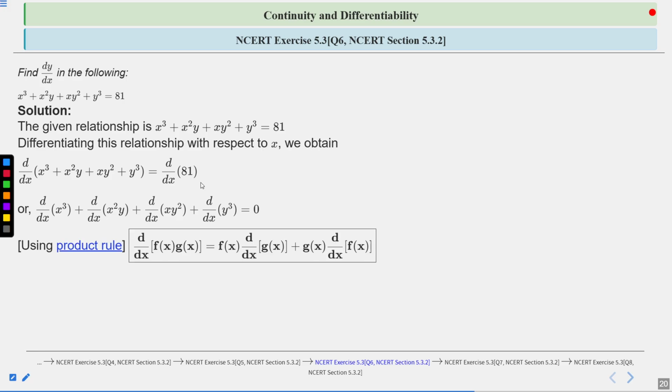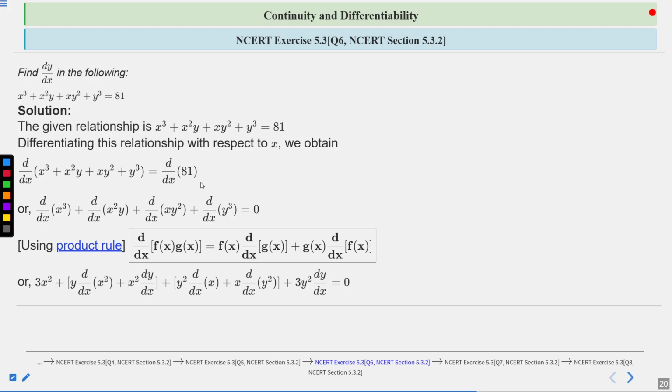Now using product rule, which is d upon dx of f(x) into g(x) will be equal to f(x) into d upon dx of g(x) plus g(x) into d upon dx of f(x), we can obtain 3x square plus y times d of x square upon dx plus x square dy by dx, which is product rule, plus y square times d of x upon dx plus x times d of y square upon dx plus 3y square dy by dx, which is equal to 0.